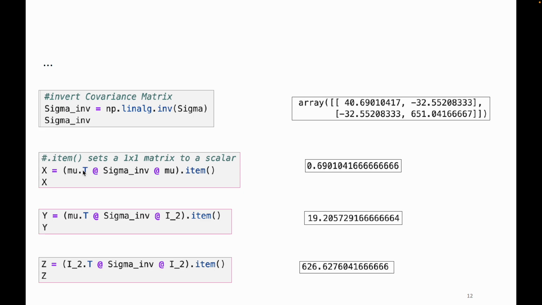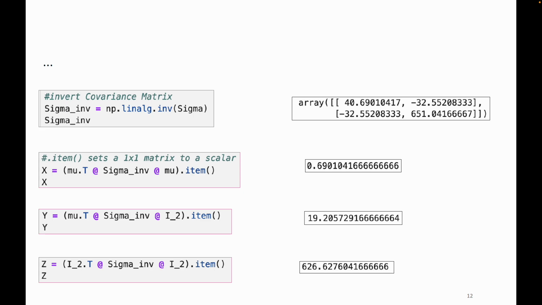But within Python, this is still a matrix or a vector, because we simply multiply a vector times a matrix and assign that to x. So for Python, this will still be a vector with dimension 1 times 1. But we want to give a floating point number to x, and therefore we are saying dot item. If you take dot item, parentheses, nothing in there, it takes the 0th element.